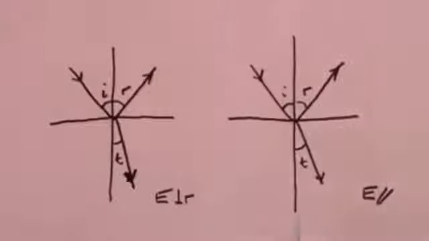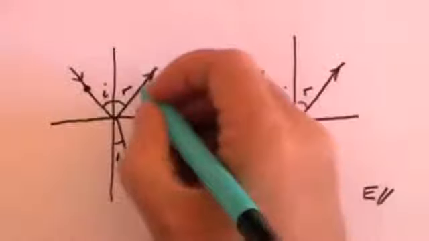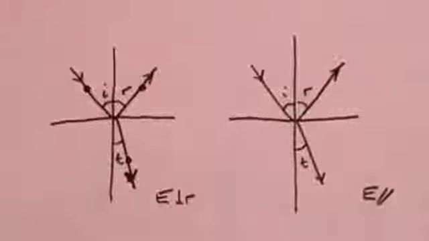So we can draw this is the perpendicular one, which we will draw with a dot. The dot simply means that the E field is coming out of the paper straight at you. That's the component of the E field in the perpendicular direction.